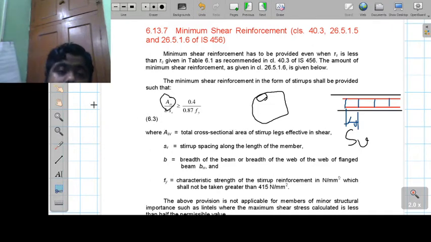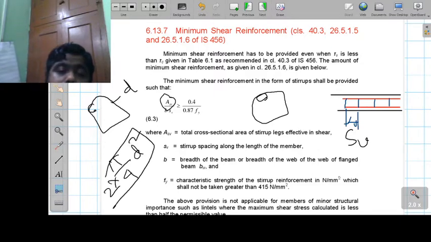Okay, if you look at this, this is called two leg stirrups. So if I know the diameter of this stirrup is d, then while finding out the area, if it is a two leg stirrup, then the area will be pi d square by 4 multiplied by 2. Okay, since two legs are there, it is called a two leg stirrup. So 2 times the area we have to use here. Okay, so this is the minimum shear reinforcement.